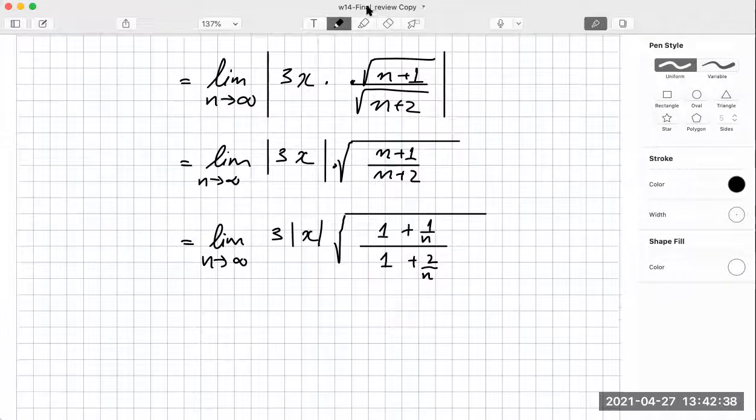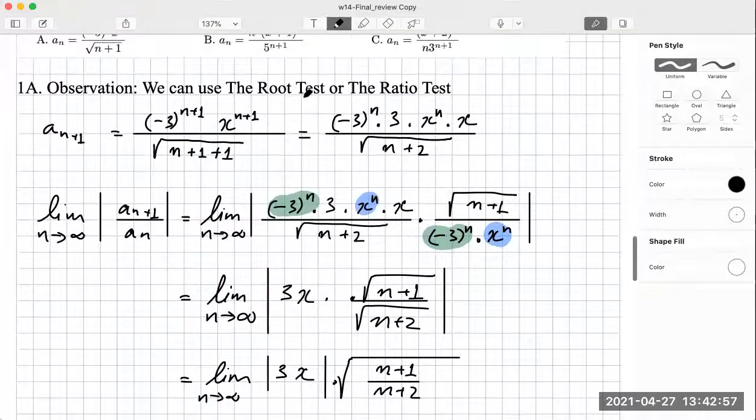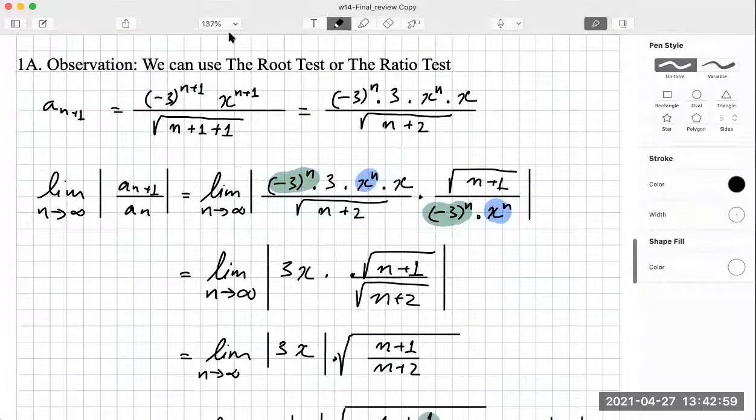Then n goes to infinity. This guy becomes 0. This guy becomes 0. Or in other words, the square root of this becomes the square root of 1. So in the end, the limit of this guy becomes 3 square root of x. This is the ratio test, right?